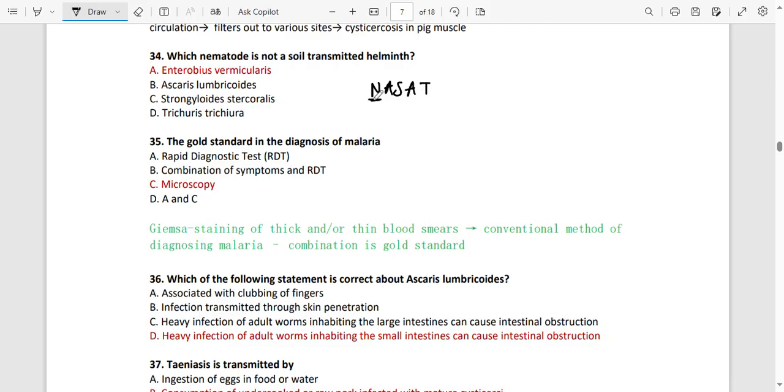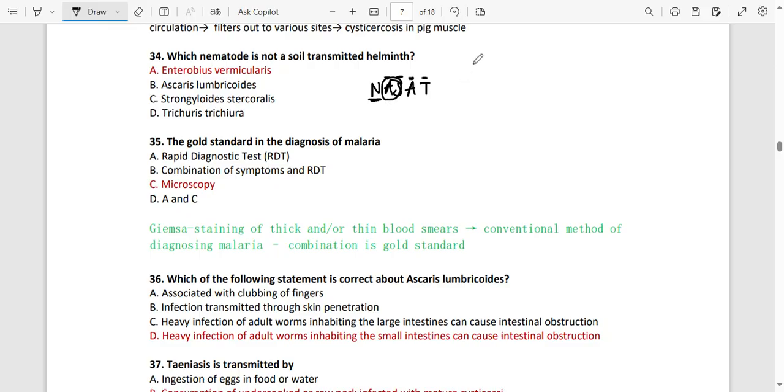So you have got Necator, Ascaris, Strongyloides, Ancylostoma, and you have got the Trichuris. I think I'd combined two of these to make H because those are hookworms.